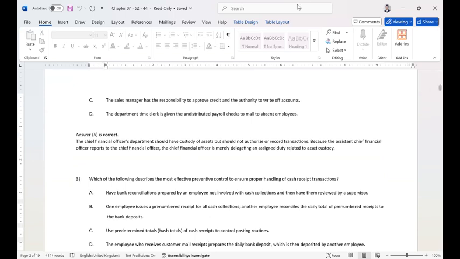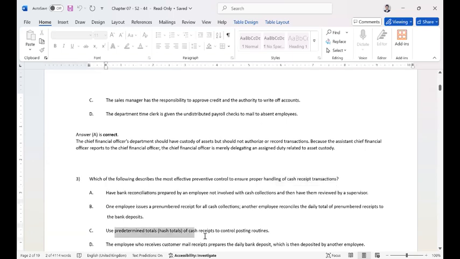Question number 3. Proper handling of cash receipt transactions. Cash receipts. Bank reconciliations.